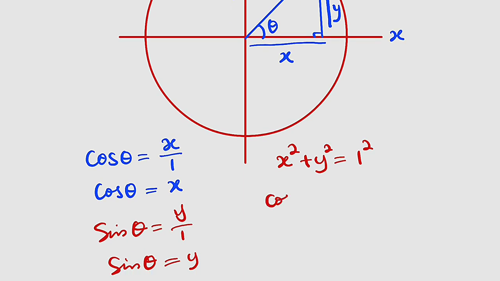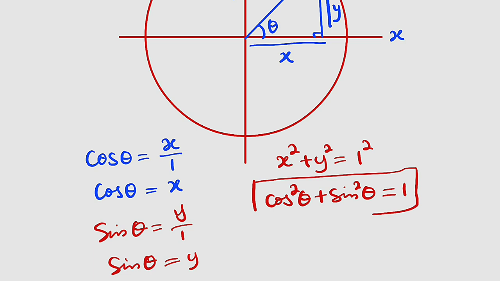So x is cosine of theta, and it has a power of 2, therefore we have to square it as well: cosine squared theta. And y, which is sine of theta, will be y squared, which is sine squared theta, equal to 1 squared, which is 1. Can you remember this identity? We are familiar with this identity from one of our previous lessons. So this is another one.